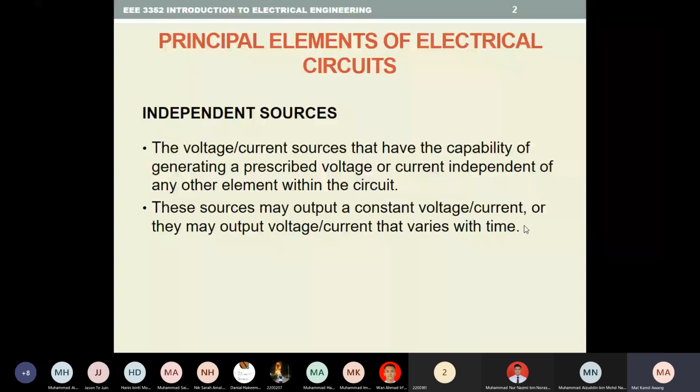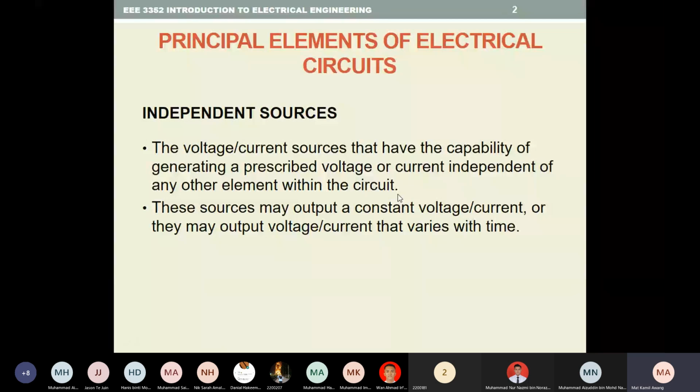I've mentioned the independent sources, which are current and voltage sources. It has the capability of generating a prescribed voltage or current independent of any other element within the circuit. So this is actually the main source of your energy. You have a voltage source and/or a current source.